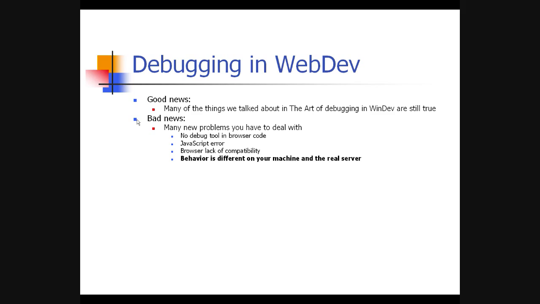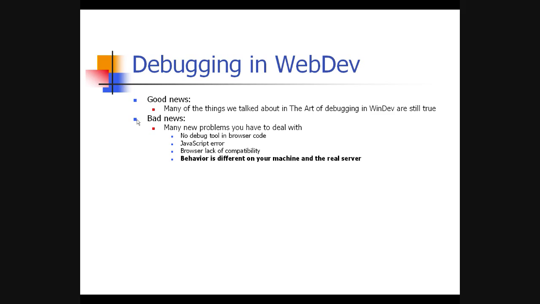Which means that you can use, for example, an absolute path to access a file. And you can use the same absolute path to access the same file from the server and the browser code. In both cases, the absolute path is correct on your machine.